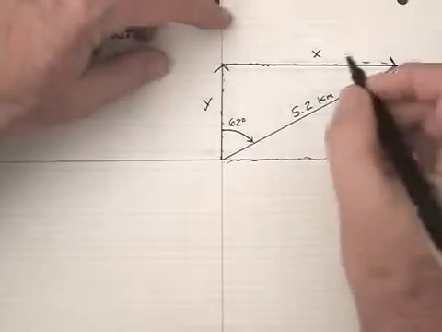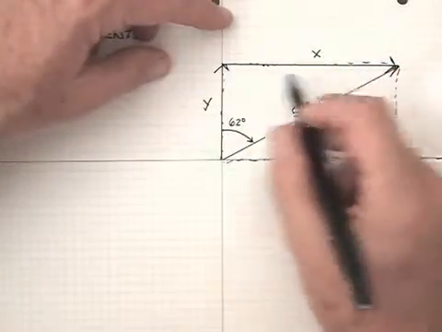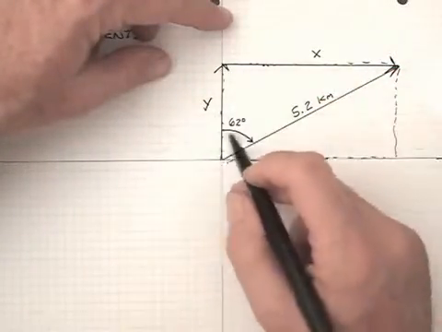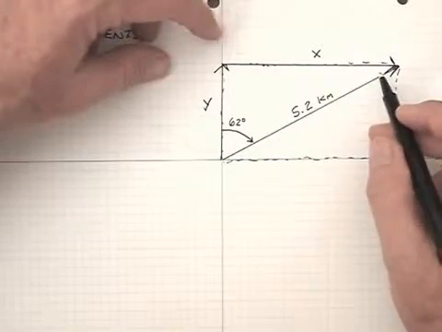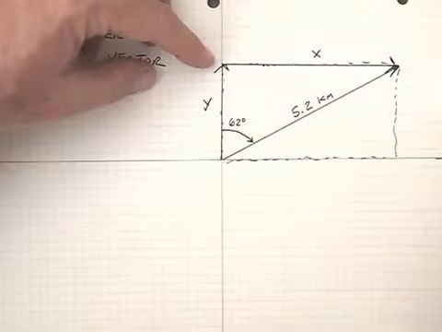So if we start with the x component here, we can see that we have the opposite side of this triangle. We know this angle is 62 degrees. The hypotenuse is 5.2 kilometers, and we'd like to find the opposite side.